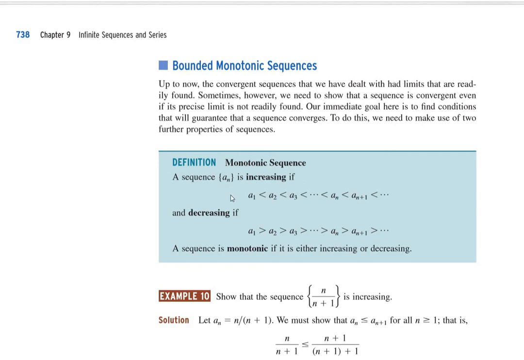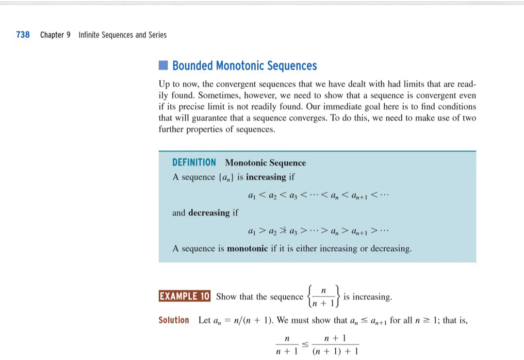A sequence a_n is increasing if a_1 < a_2 < a_3 < ... < a_n < a_{n+1} < ..., that is, it is increasing term by term.